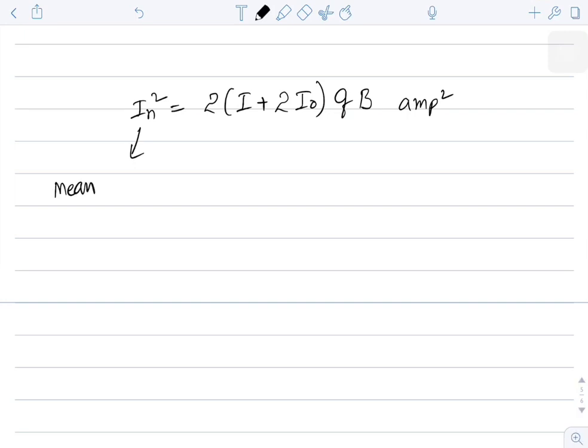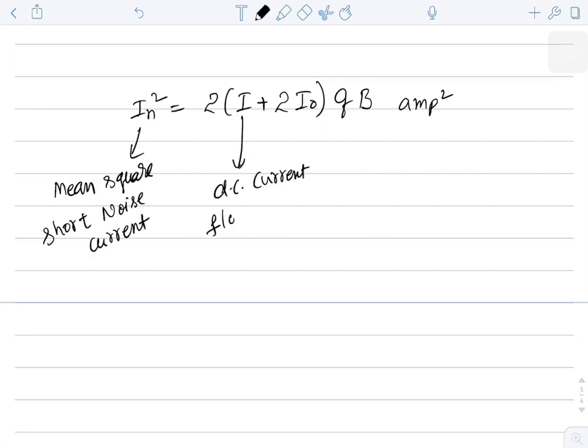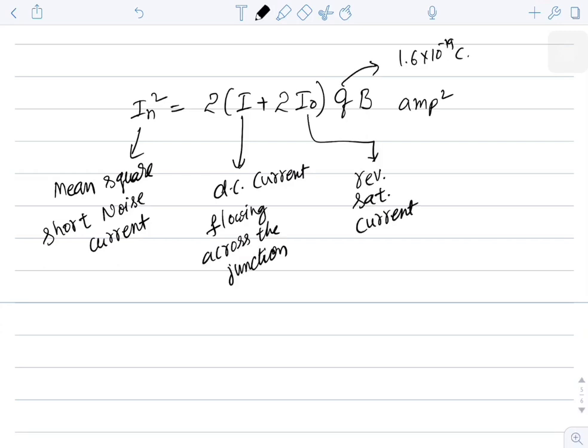The shot noise is exactly defined only for diodes, and the mean square noise current is given by I_N squared equal to 2 times (I + 2I_O) times Q times B ampere squared, where I_N squared is mean square shot noise current, I means DC current flowing across the junction, I_O means reverse saturation current, Q is the charge, that is 1.6 times 10 power minus 19 coulombs, and B is effective noise bandwidth.